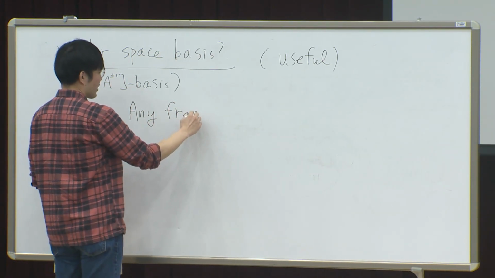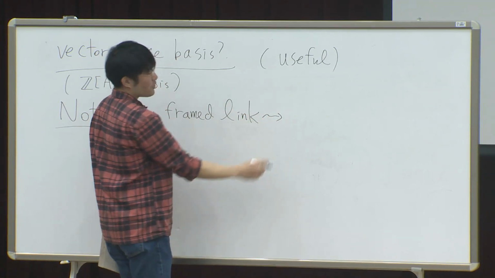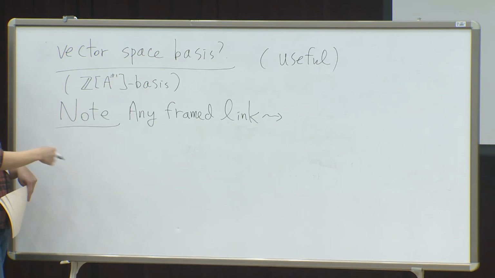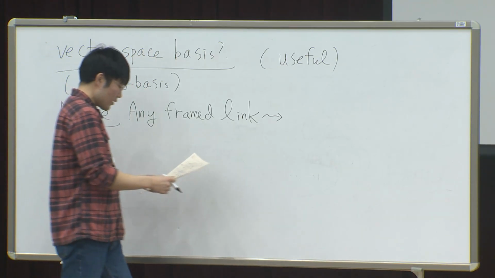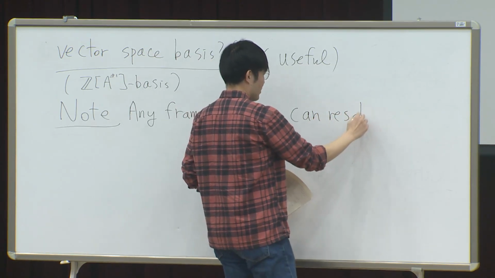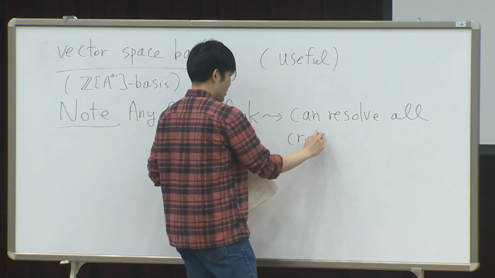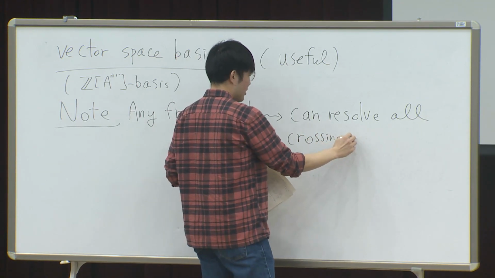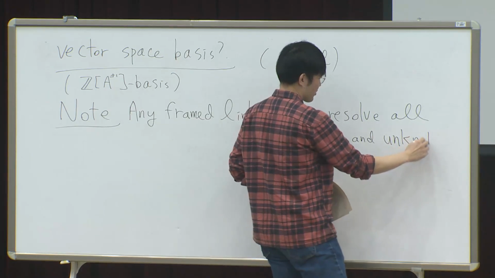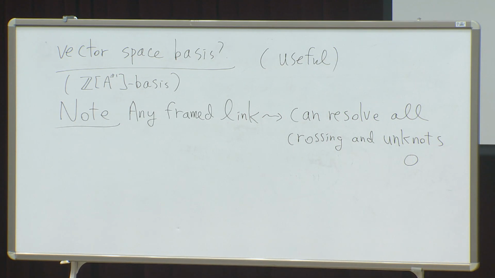what you can do is, as we did in the example for the one-punctured torus, use skein relations to remove all the crossings. So you can resolve all crossings and also all unknots, which were these circles with the framing and nothing inside.